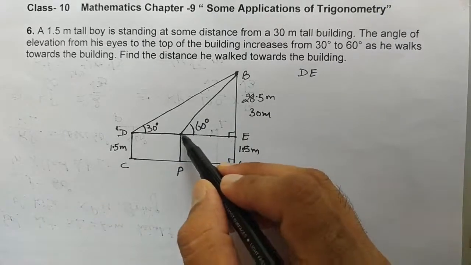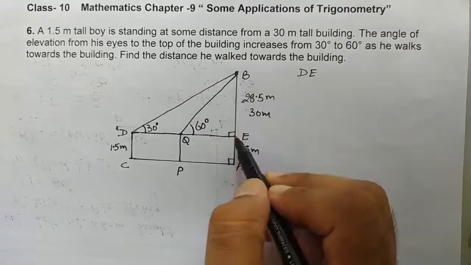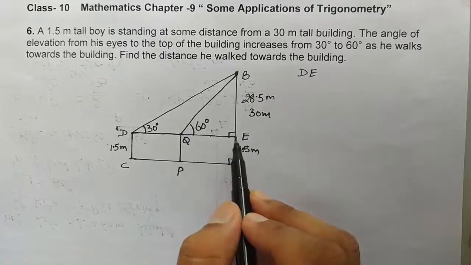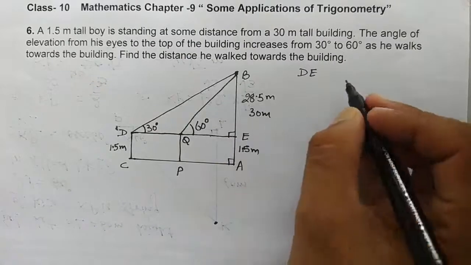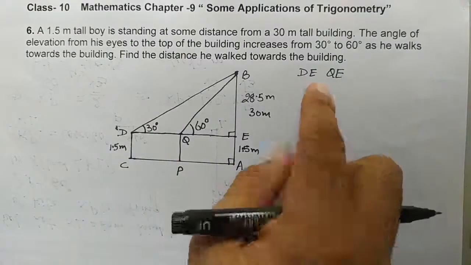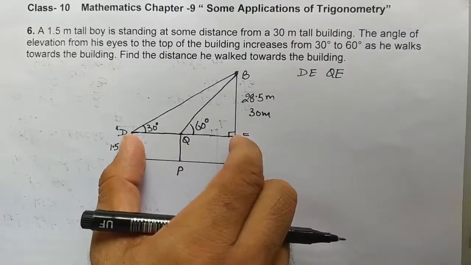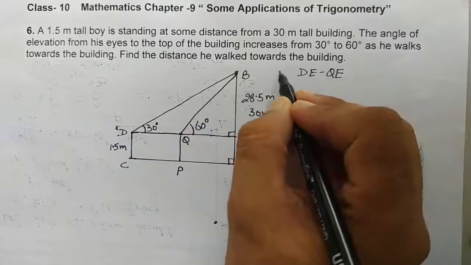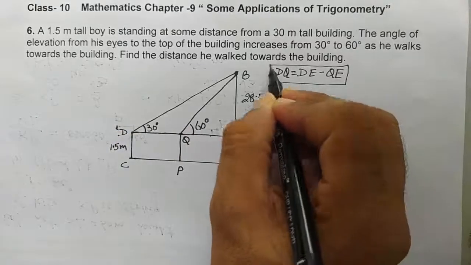Now in the small right angle triangle BEQ, BE is also given, 28.5. So we can find out the value of QE. Now if I subtract these two, DE minus QE, what is left? DQ only. So we'll subtract these and we get DQ. So this way we will find the distance traveled by the boy.